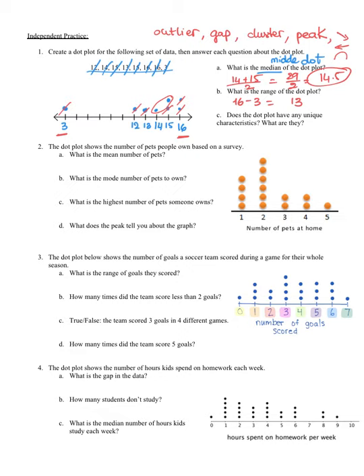So we can look at this one. We can see right away 3 is the number by itself, so we have an outlier at 3. Do we have any gap? Yes, we have a gap from 3 to 12. Clustering, I can say there's a cluster around 15 and 16.